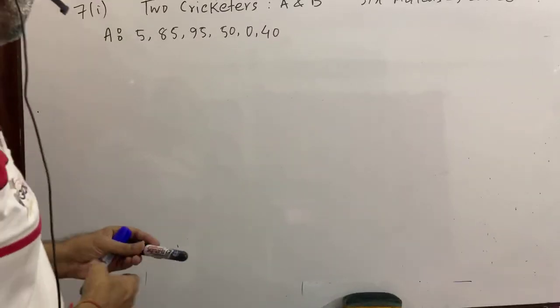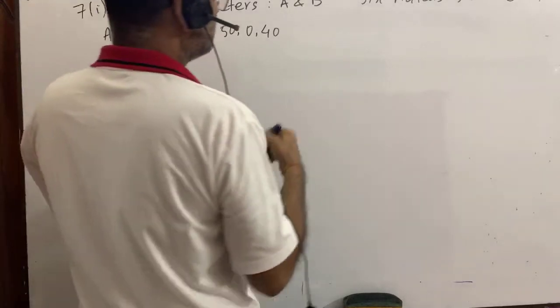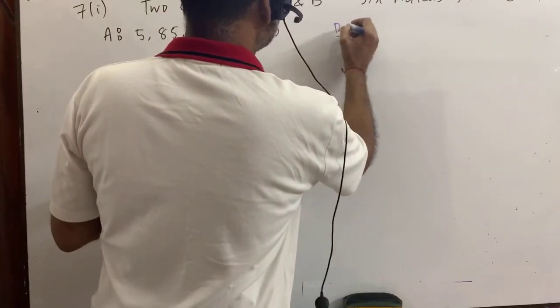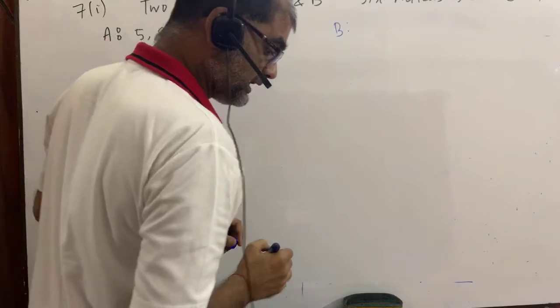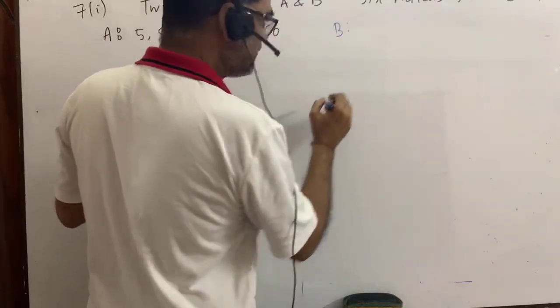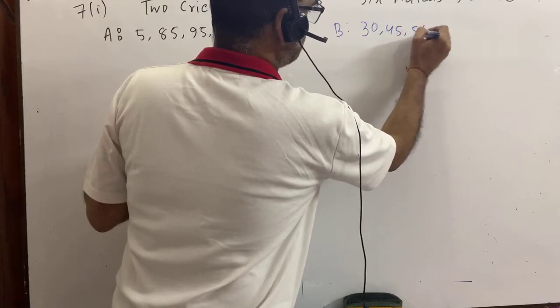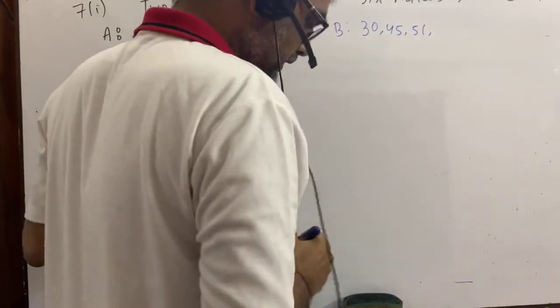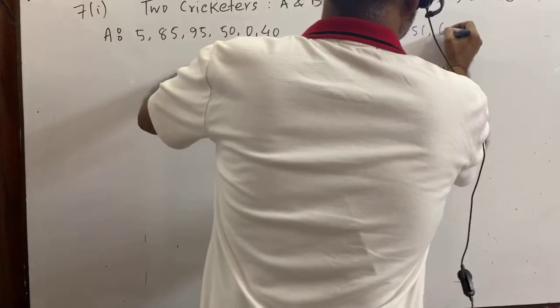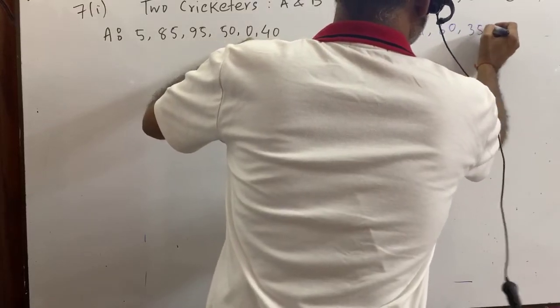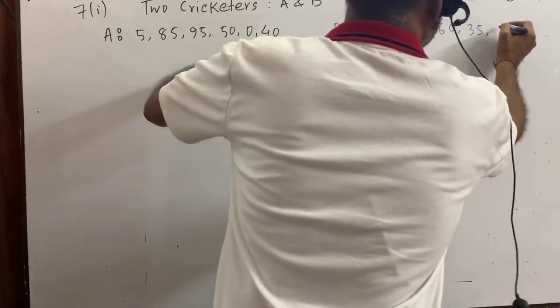Now the scores of the second cricketer, as given in the book: 30, 45, 51, 60, 35 and 50.